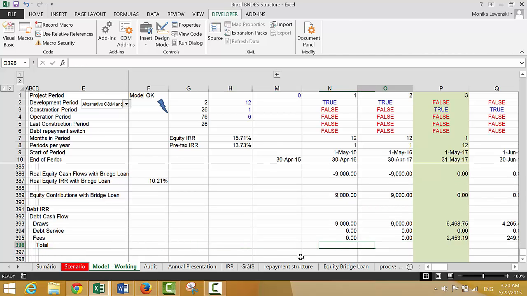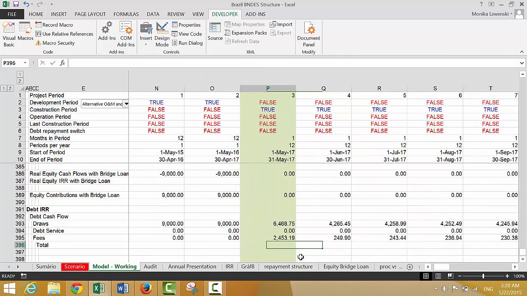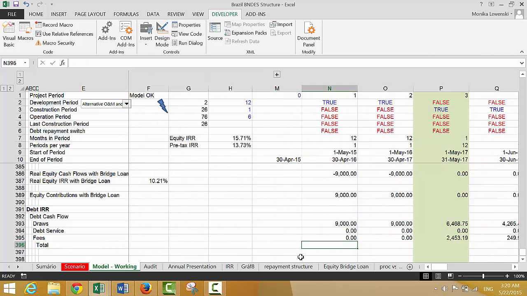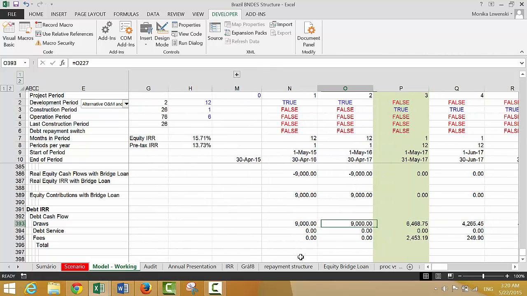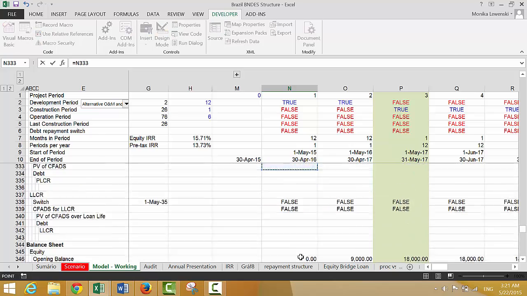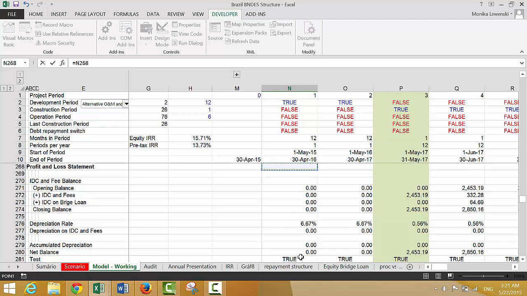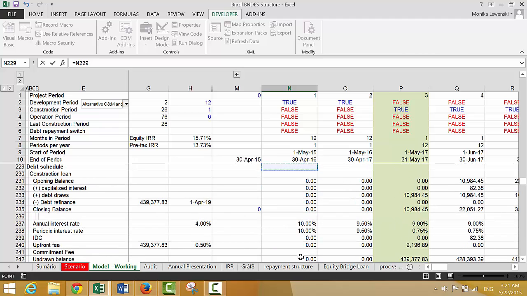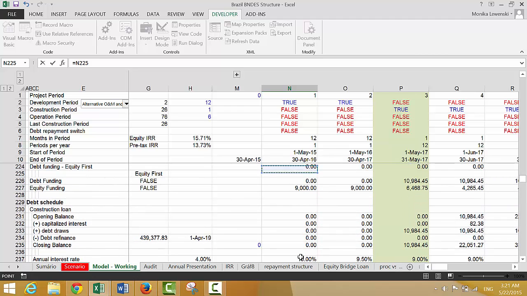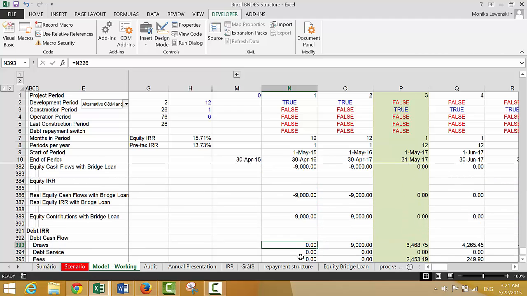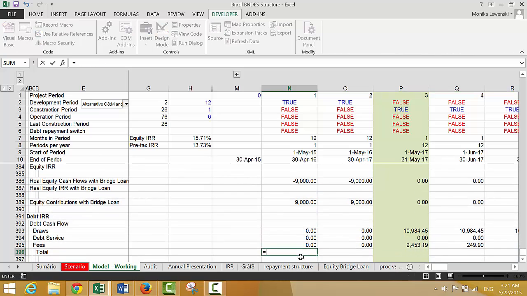Now, why does it have draws of 9,000? Oh, no. What is this? Just a minute. I sure hope I took the wrong number. There are the debt draws, and I did take the wrong number. Ooh, that scared me. So it's this plus this minus.